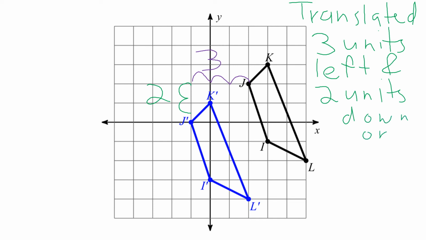Or we can say it's (-3, -2), and it's a vector. Or we can write it as x minus 3, y minus 2.